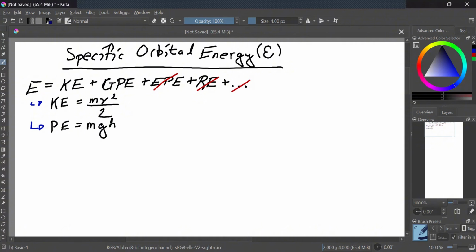And that would be accurate. That would be true, were we not dealing with truly astronomically large distances. Because not only does the height change, but so too does gravity with that height. So let's rewind a bit.